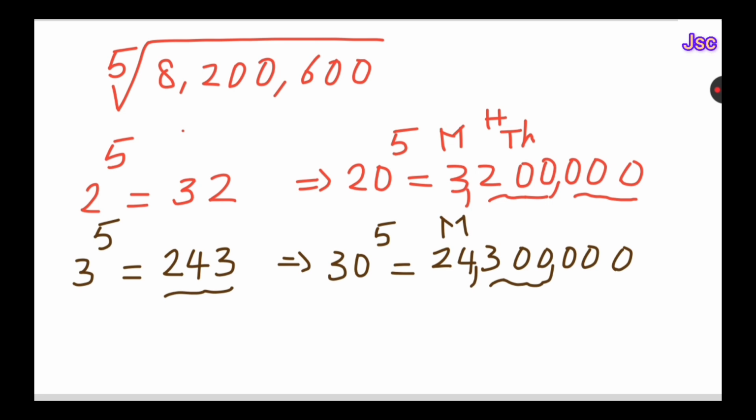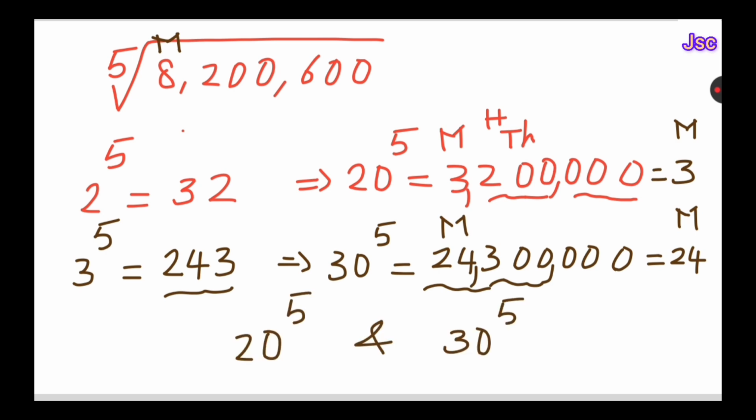So 20 to the power of 5 is about 3 million, and 30 to the power of 5 is about 24 million. But our given number is 8 million. So that means our number lies between 20 to the power of 5 and 30 to the power of 5. But we don't know where exactly.